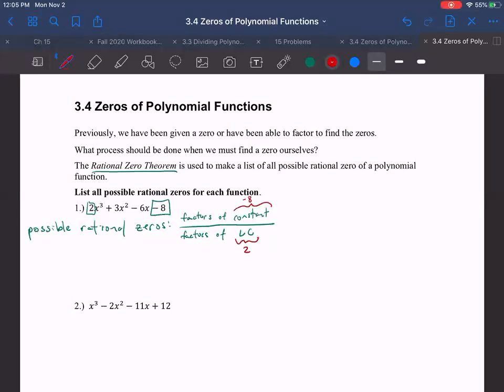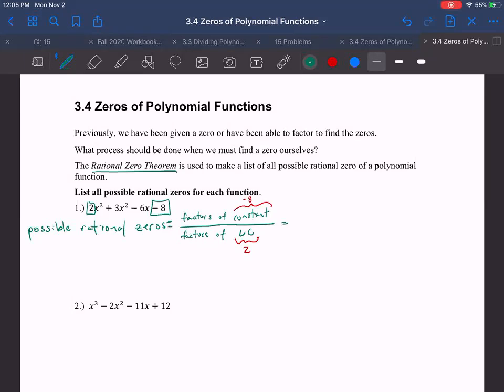So we want to write down all the positive and negative factors of that, and then use that as a way for our possible zeros to essentially give us a small list of numbers to check rather than having to try and check like every number in existence. So if we do that, we see that the possible rational zeros equals that.